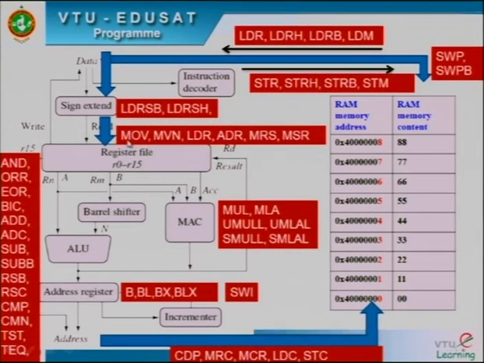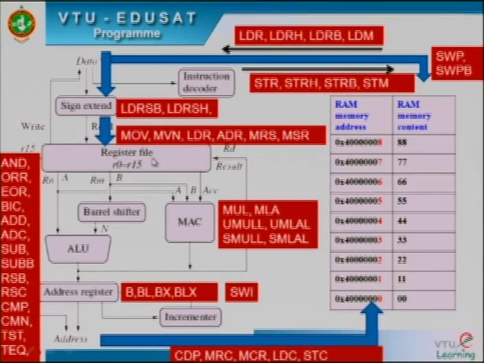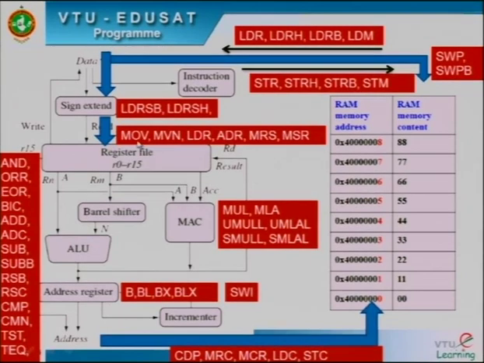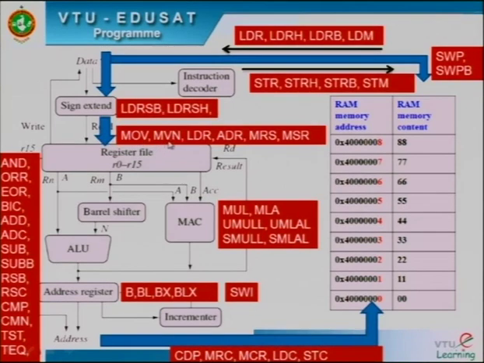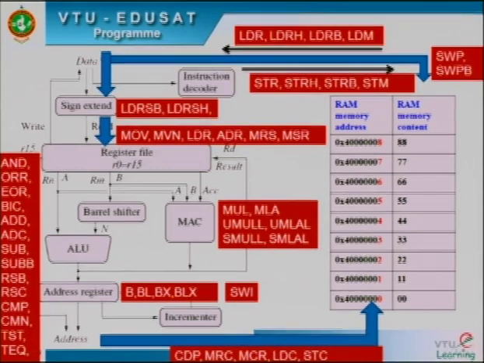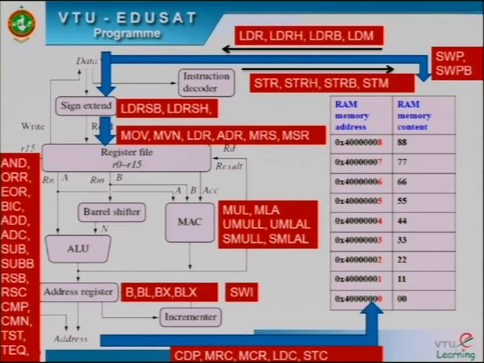Next, the red label above the register file block: for register files it supports the instructions MOV, MVN, LDR, ADR, MRS and MSR. The MOV instruction directly moves a value to a register, from one register to another register, or from an immediate value to a register. MVN moves the one's complement of the source operand to the destination operand.